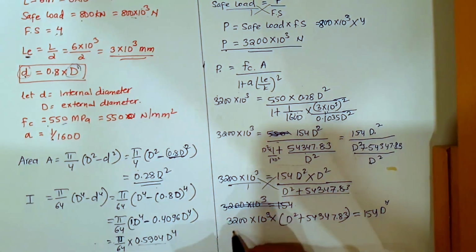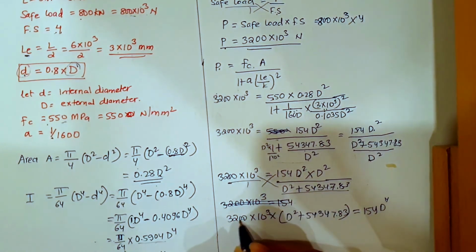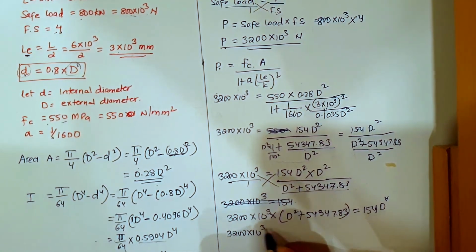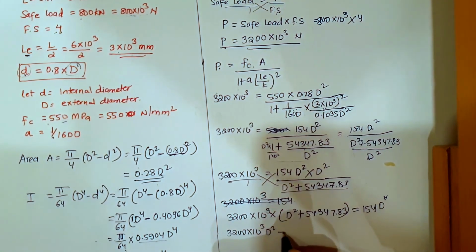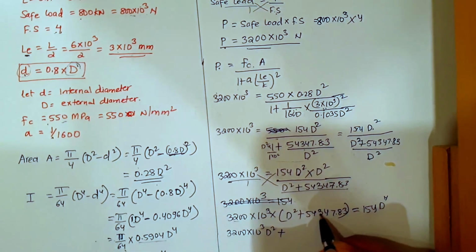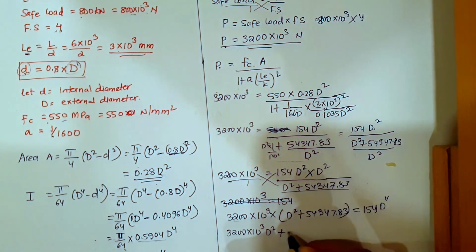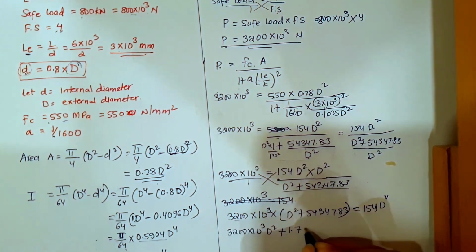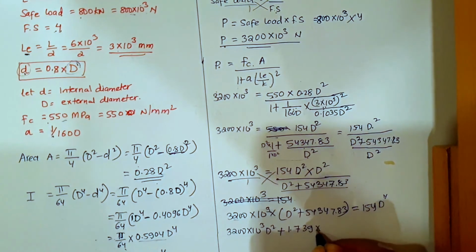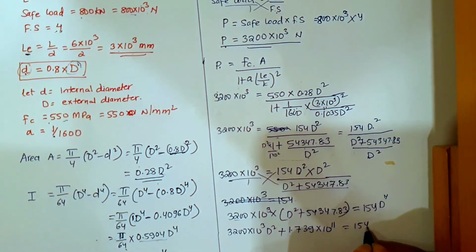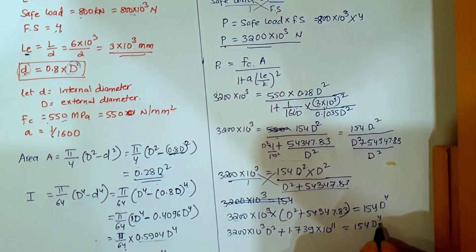Now let us solve this one. If you multiply 3200 into 10 raised to power 3 into d square, you will get 3200 into 10 raised to power 3 d square plus this value into this, you will get equal to 1.739 into 10 raised to power 11 will be equal to 154 d raised to power 4.